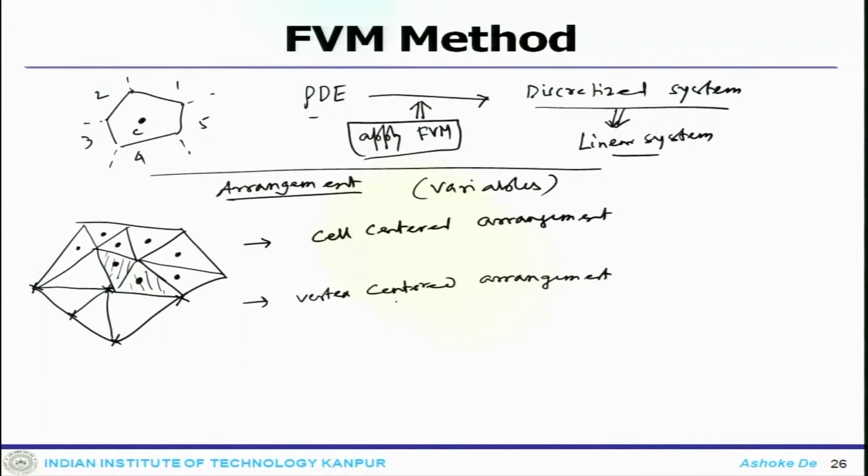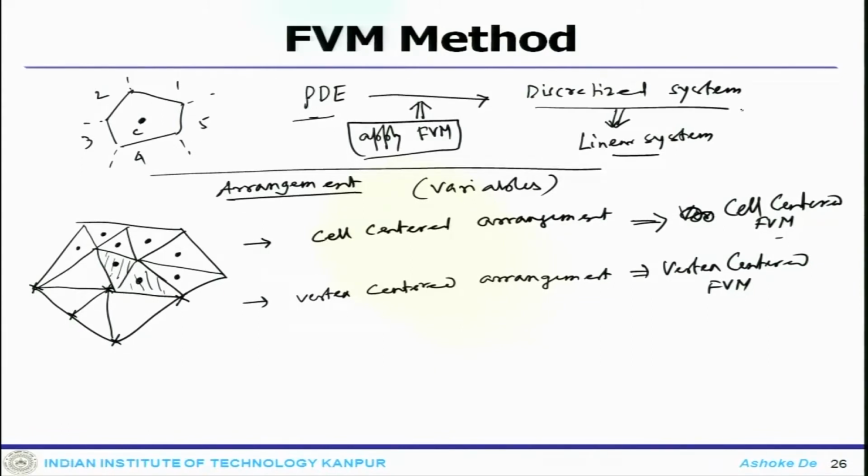Now, accordingly, if you devise your finite volume scheme, this will be called vertex centered FVM, and the other one could be called the cell centered FVM.